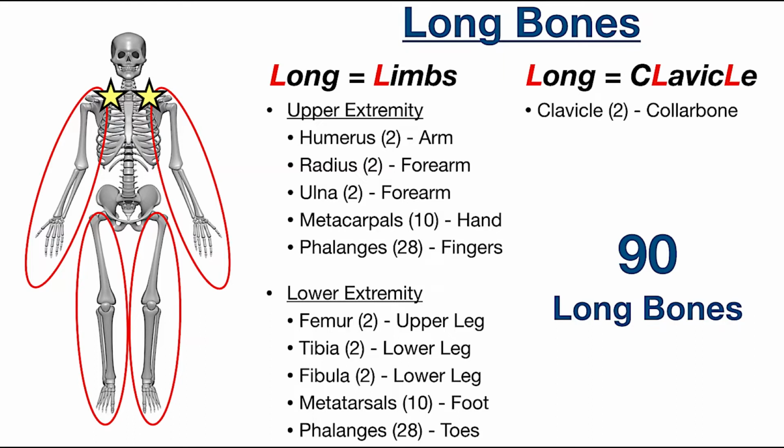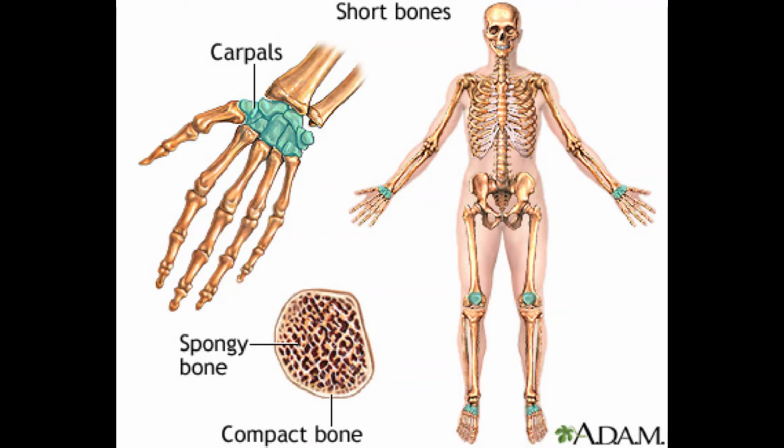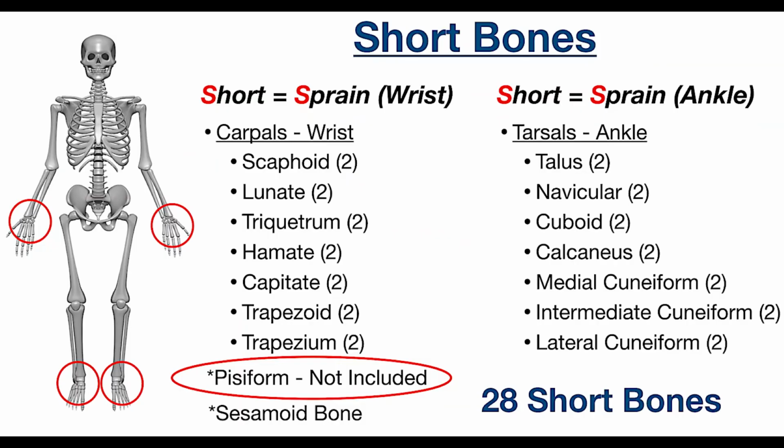These are long bones. Short bones, sometimes classified as cube-shaped bones. These are predominantly cancellous. Remember what cancellous is? Cancellous is spongy bone. Your short bones or cube-shaped bones are predominantly cancellous bones with a thin cortex of compact bone and no cavity.